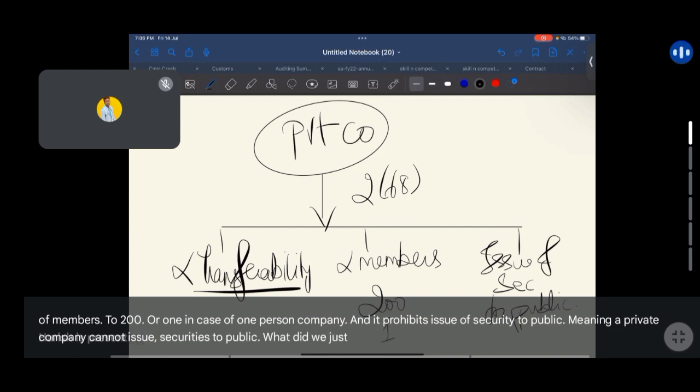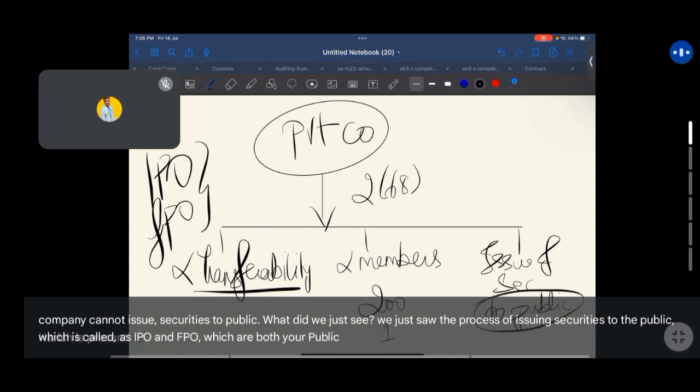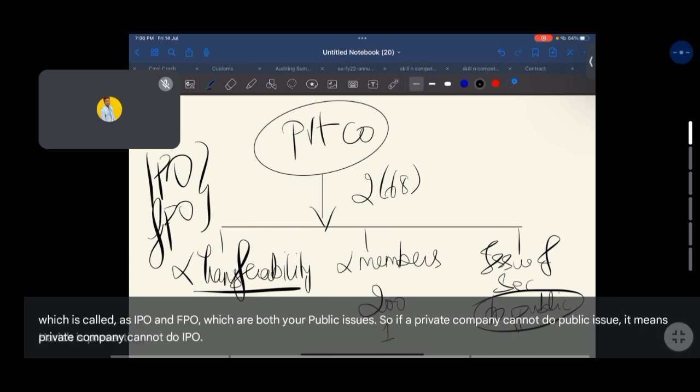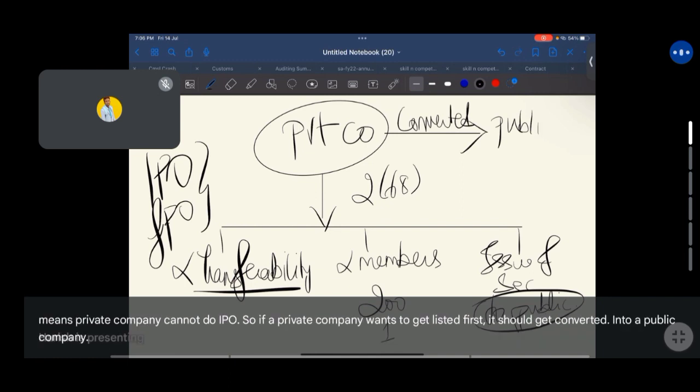What did we just see? We just saw the process of issuing securities to the public, which is called IPO and FPO, which are both your public issues. So if a private company cannot do public issue, it means private company cannot do IPO. So if a private company wants to get listed, first it should get converted into a public company.